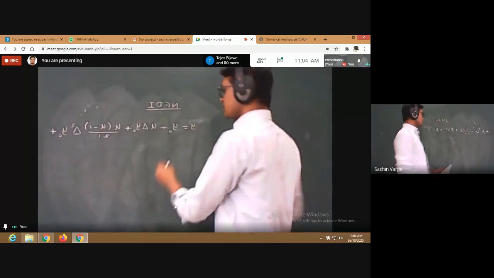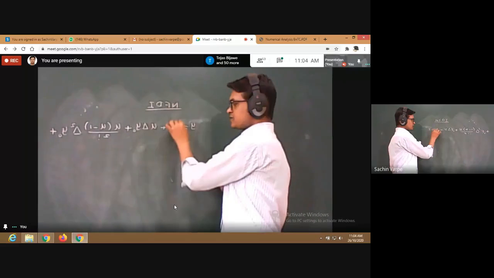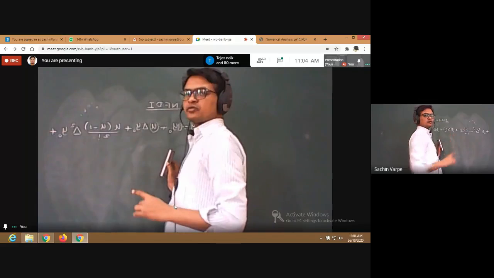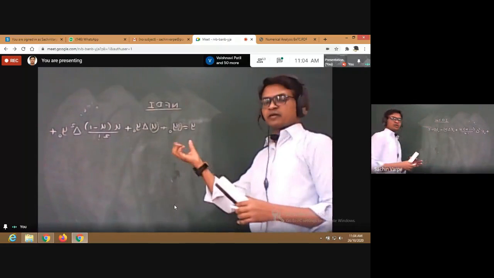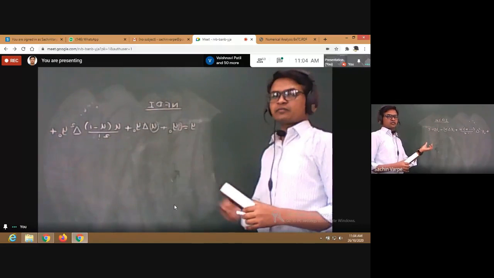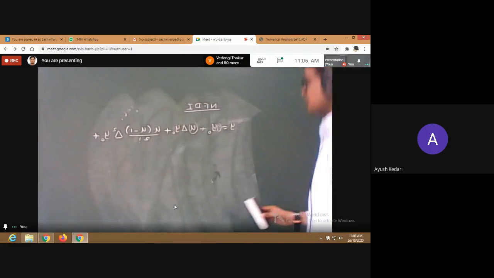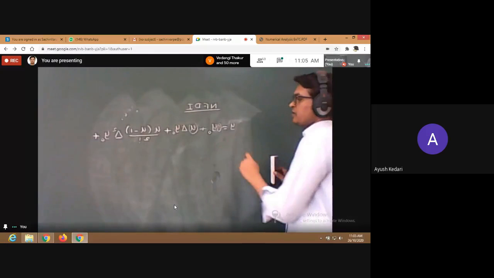So this is 1, this is NC0, this is NC1, this is NC2. If you remember, we have expanded by using the binomial expansion only, right? So this is Newton's forward interpolation.